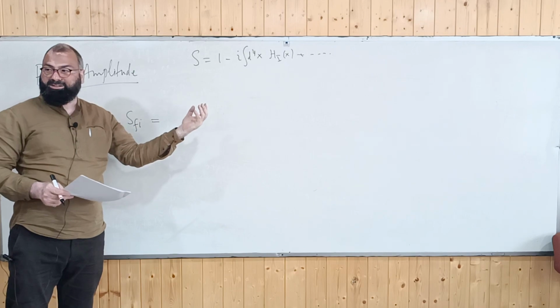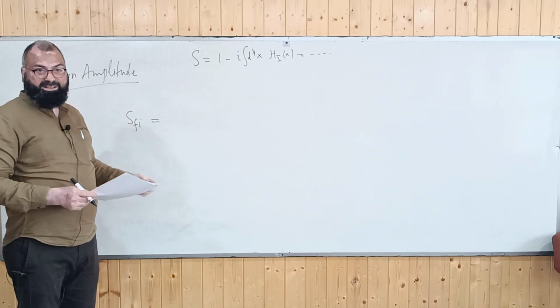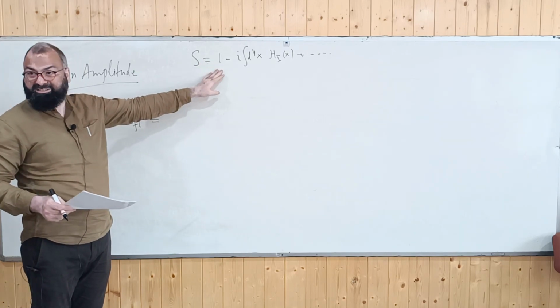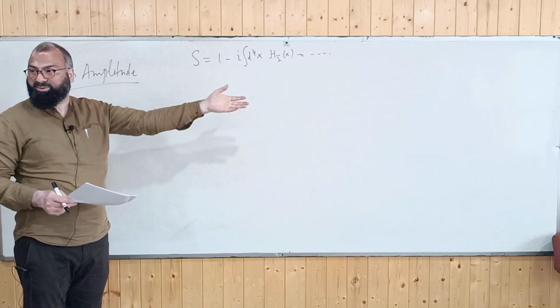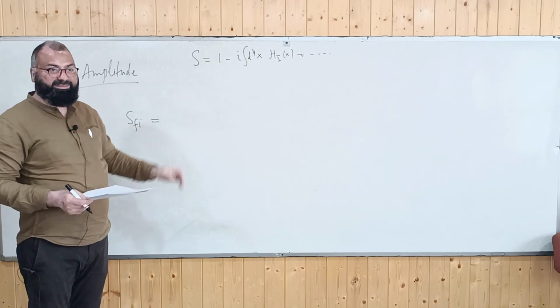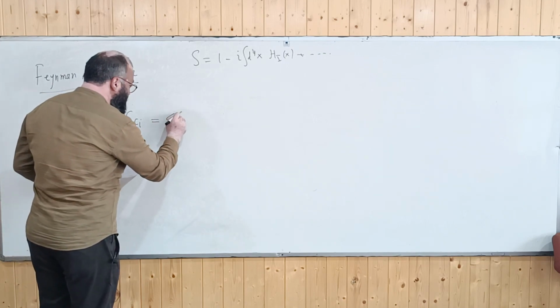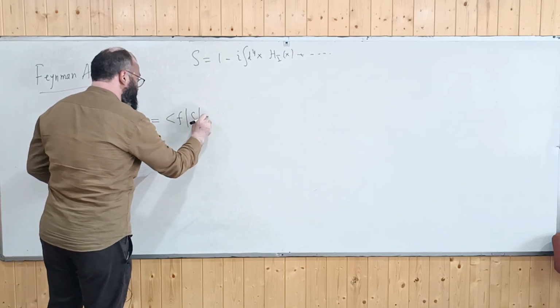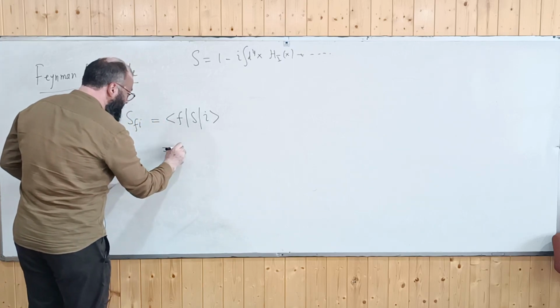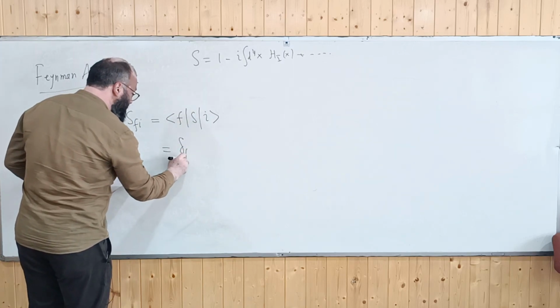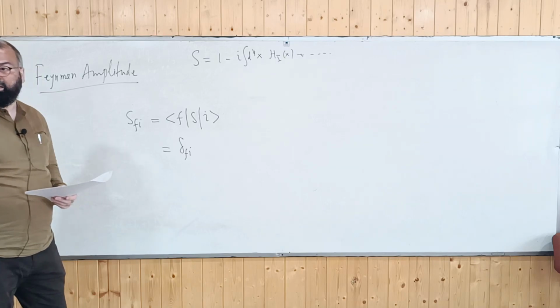Clear? What are those? Those are Kronecker delta functions. The identity means nothing. A particle comes and goes. It does not have any kind of interaction. So let me write this scattering matrix element between the initial state and final state. So corresponding to this identity, I will put delta S, delta F I.